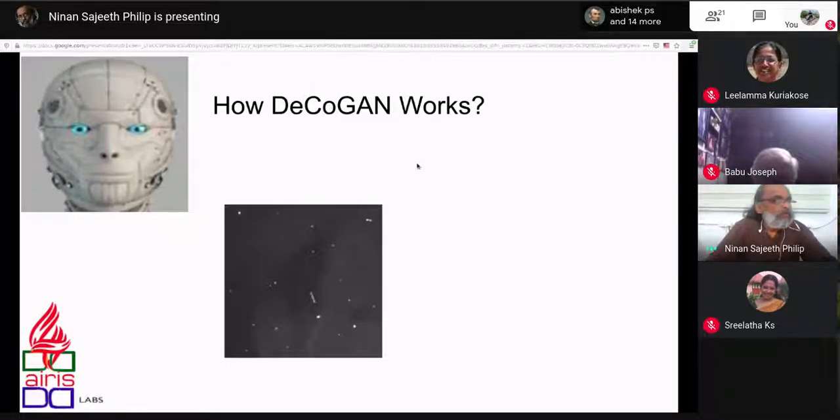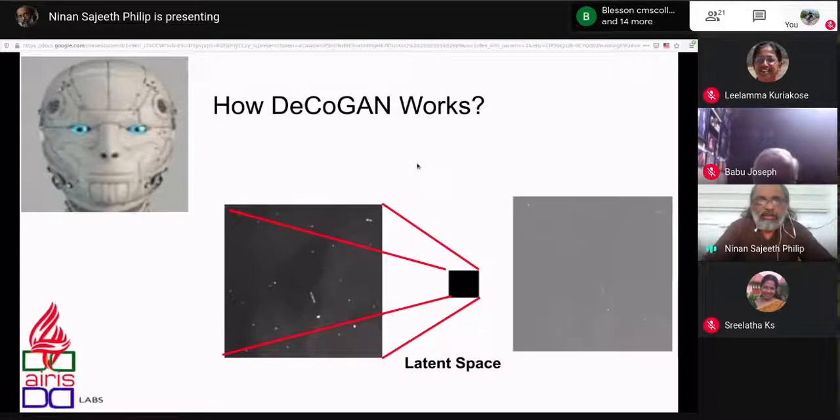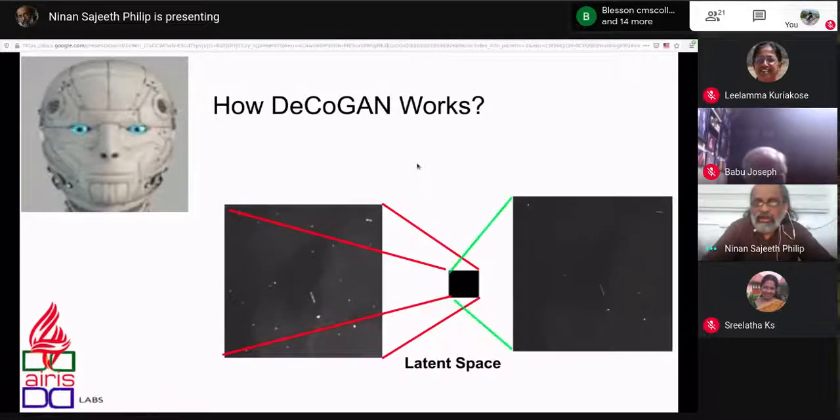So what I do is take the convolved image, which is the ground-based image, transfer it to a small dimensional space, which I call the latent space, and reconstruct the original. In this case, try to reconstruct the satellite image from it.